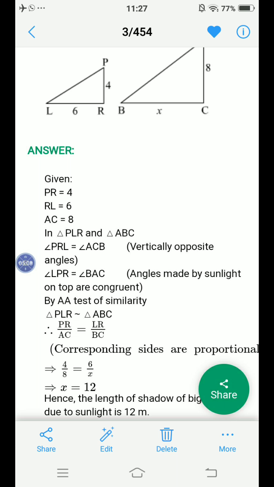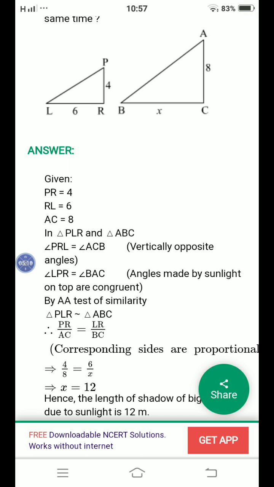Now here, first we have to prove the triangles to be similar to each other. Then if the triangles are proved similar, we can use the step that corresponding sides are proportional. That step will be used here. First we have to prove both the triangles to be similar. So how will we prove it? Now see here. First we will write the given conditions. PR is equal to 4, RL is equal to 6, AC is equal to 8.